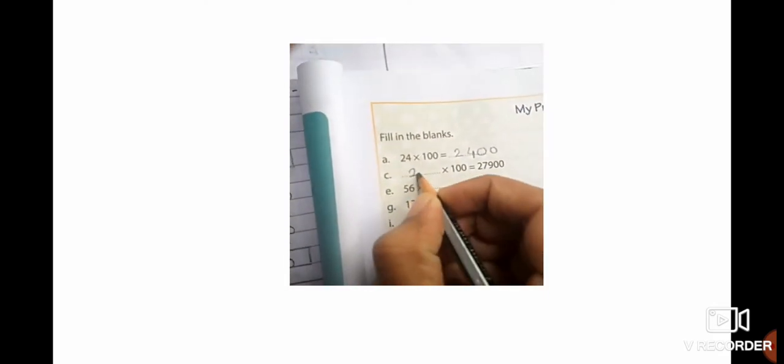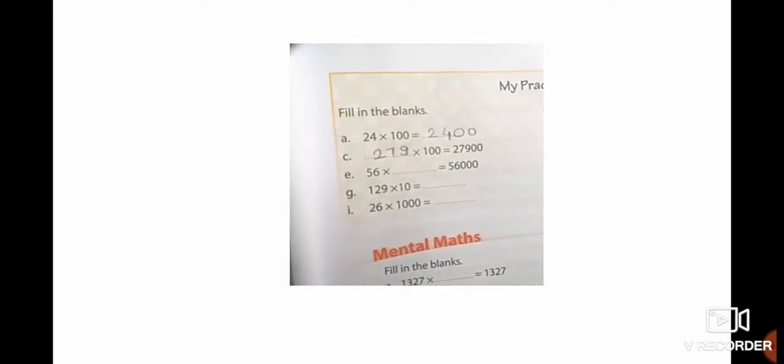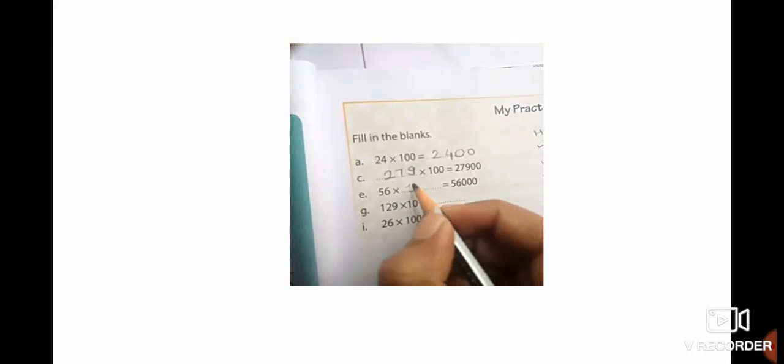So 24 into 100, 2400. So you also write, you write with pen. Okay, next one, dash into 100 is equal to 27,900, 279. Next one, 56 into dash is equal to 56,000, 56 into 1000 is equal to 56,000.